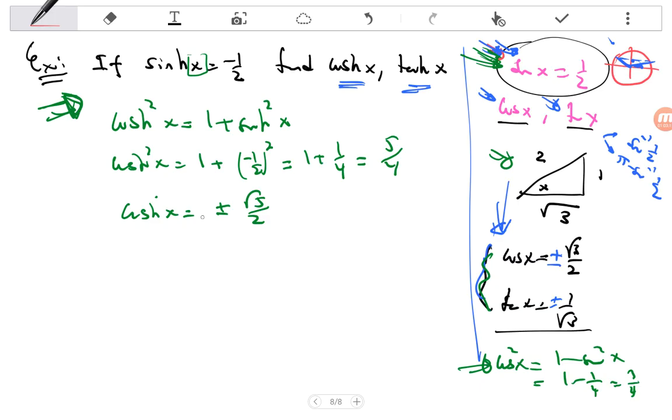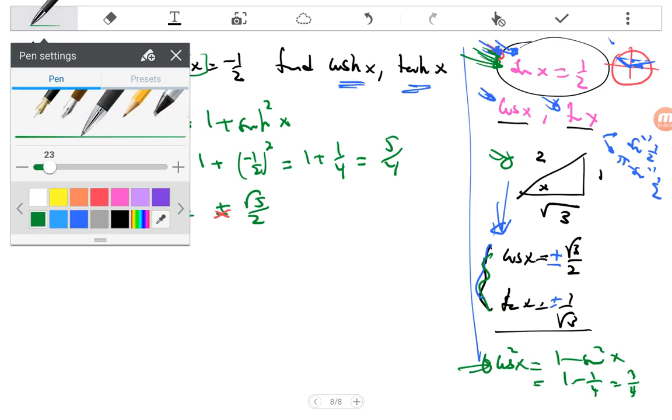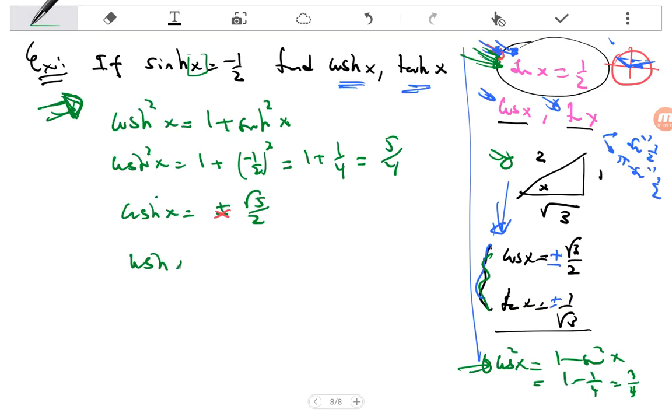I reject any negative value, and I also reject any positive value that is less than 1. So that's why I reject that negative sign. And for this case, I will find that cosine x will just be equal to root 5 over 2.